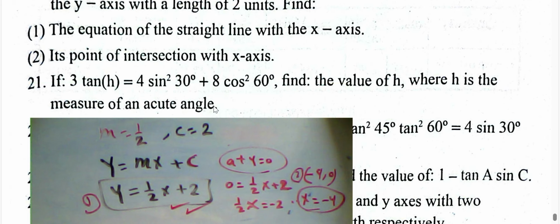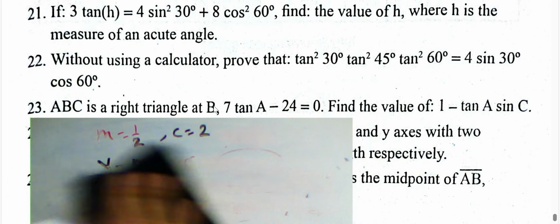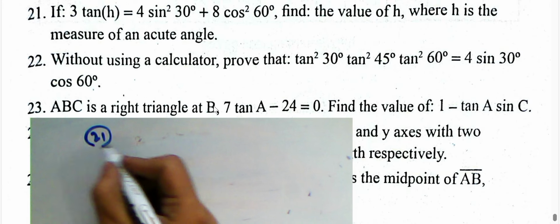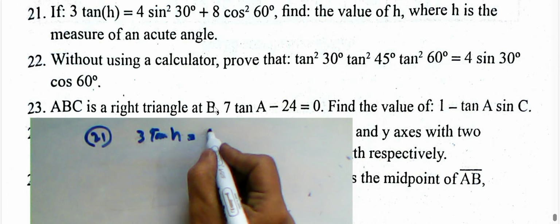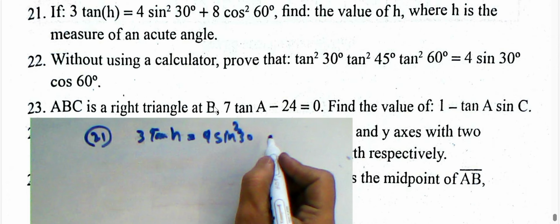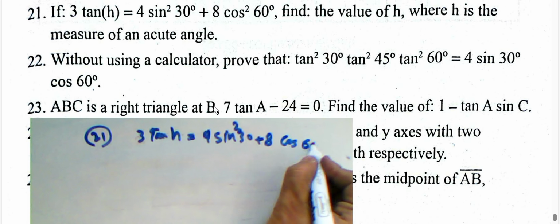Next question, number 21. We have 3 tan h equals 4 sine 30 squared plus 8 cosine 60 squared.